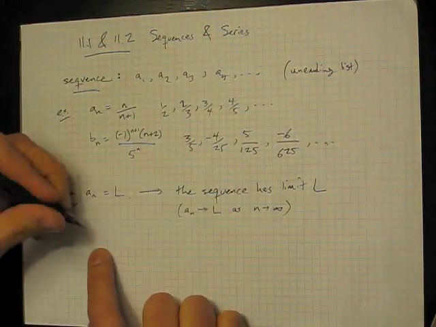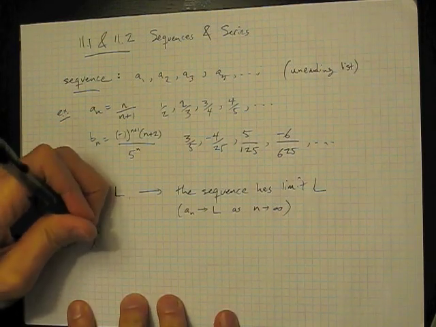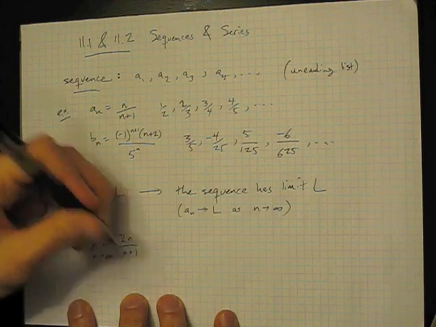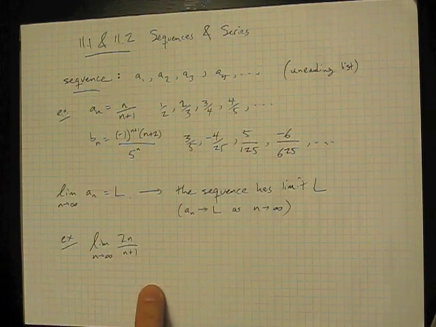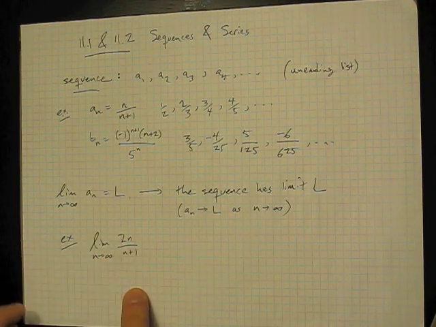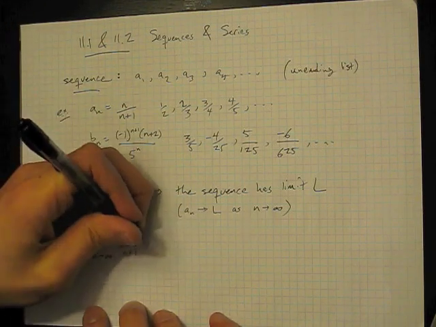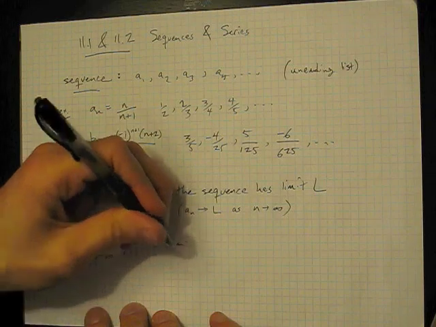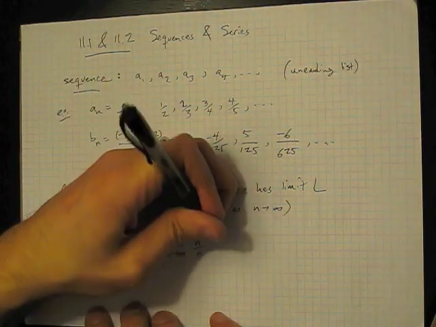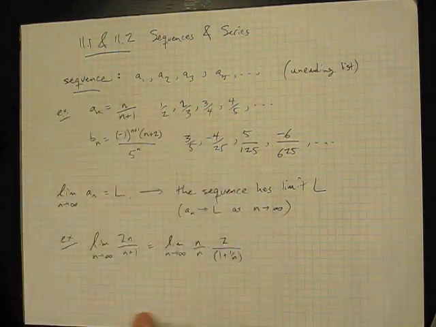Okay, so for example, how about this? a_n equals 2n over n plus 1. So what's happening to this as n gets bigger and bigger? Well, this is a ratio of two polynomials in n, and so really it should just be approaching 2 over 1. How we might see that is by pulling a copy of n from both the top and the bottom, so that leaves us with 2 in the top and 1 plus 1 over n in the bottom.